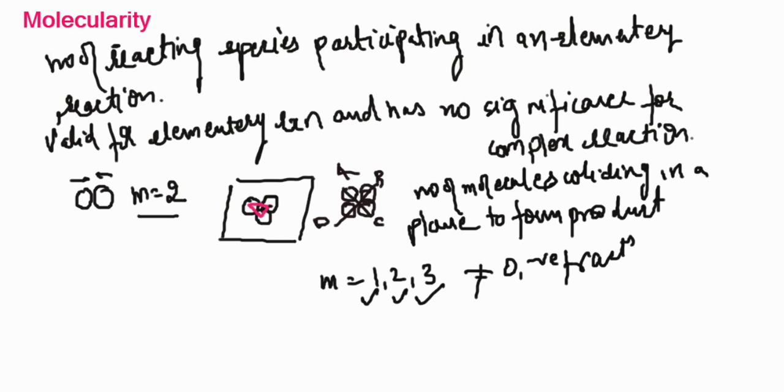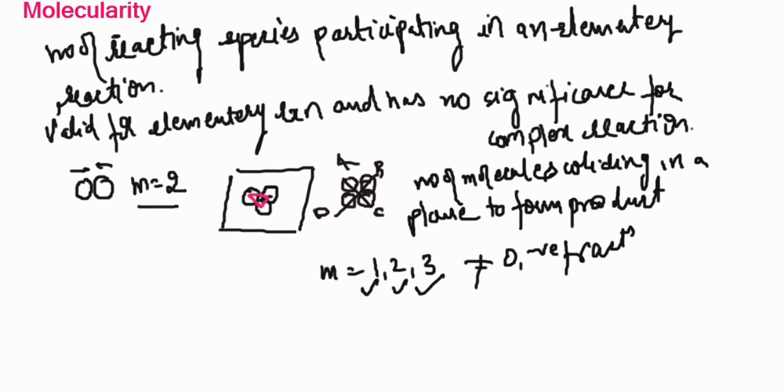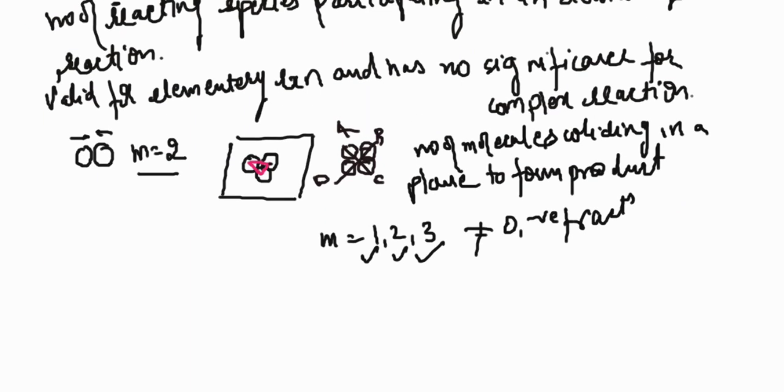Now this is how we calculate the molecularity. Now if we talk about the relationship between molecularity and order, let's take an example of an elementary reaction.